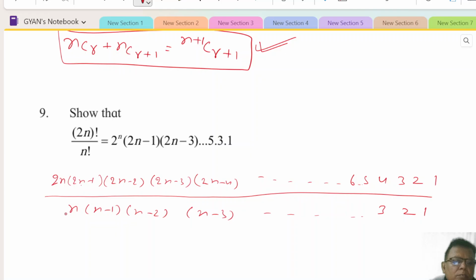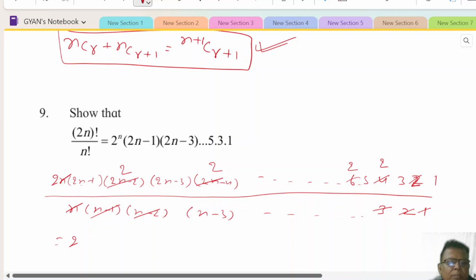Now this will get cancelled, and this 2 will get cancelled. Similarly here 2, 2, here 2. So how many 2's will be there? n 2's will be there.